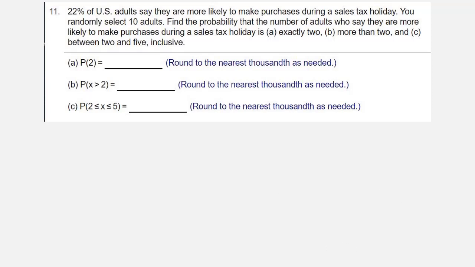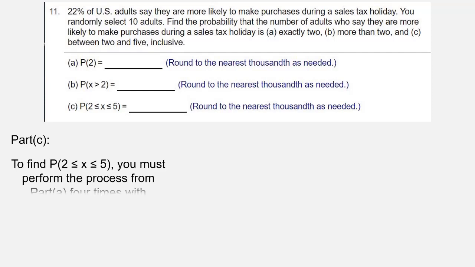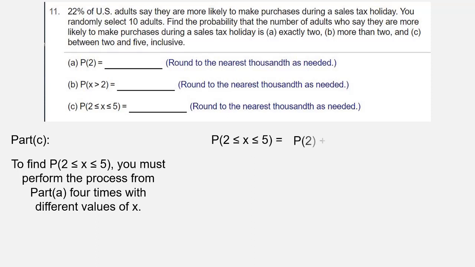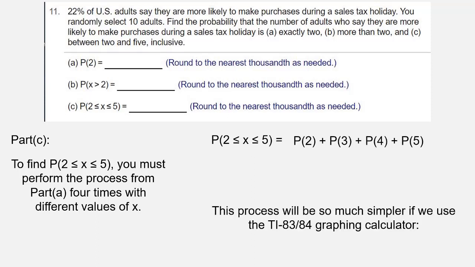For part C, we're also going to do the binomCDF function, but we're going to do it twice. If we did the part A idea, we would add 4 different probabilities: the probability of 2, plus the probability of 3, plus the probability of 4, plus the probability of 5. This calculator will do it for us. So how do we do that?